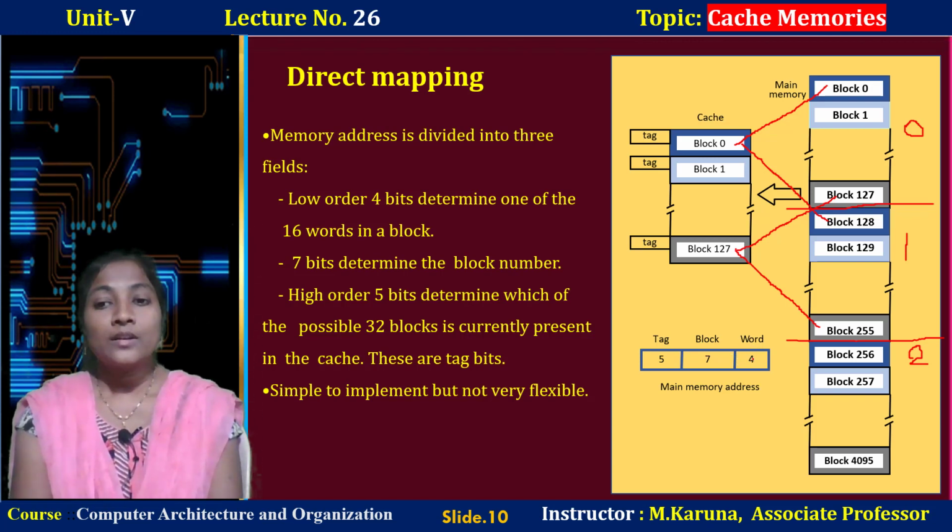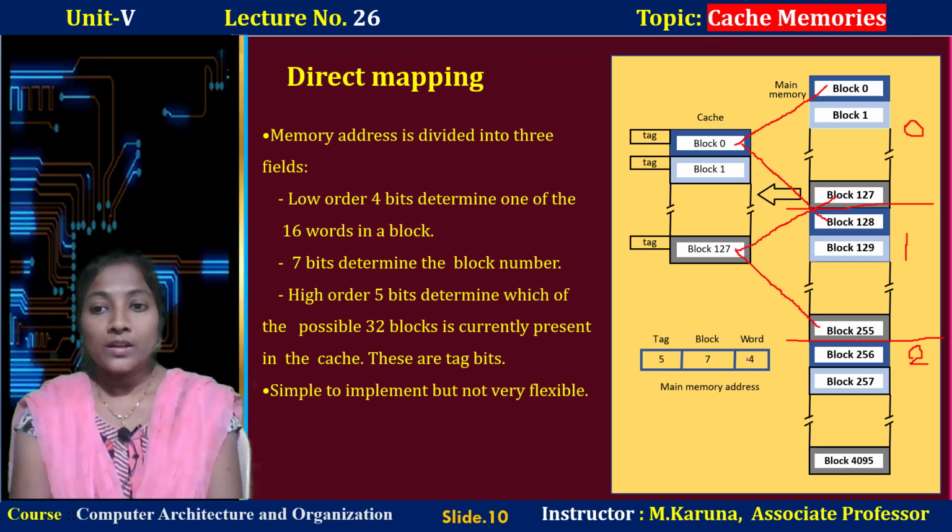The first field is the word field, then the block field, and the tag field. The word field consists of 4 bits. Whenever this address is transferred from the processor to the cache memory, a comparator circuit is present that compares the assigned bits with the address bits.